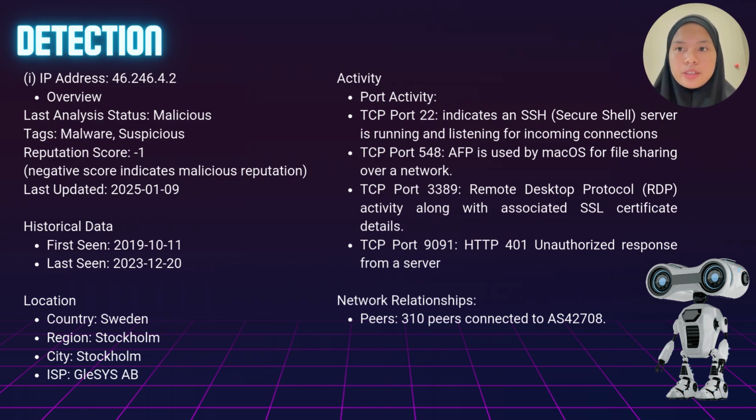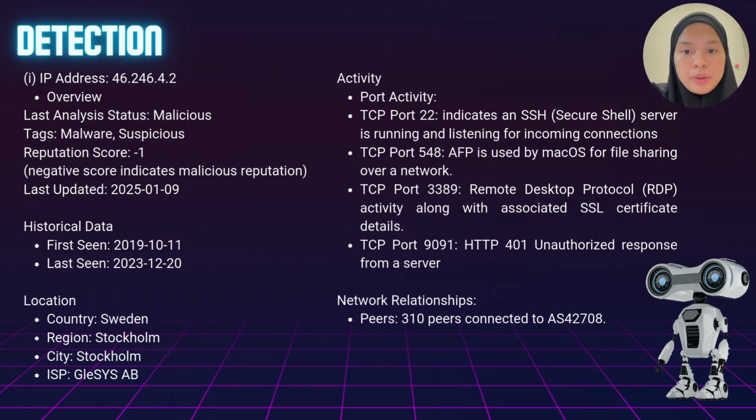Okay, so the first detection has the status malicious, and the IP address is 46.246.4.2, which has a reputation score of -1, indicating malicious reputation. In the historical data, the first seen is 11 October 2019, the last seen is 20 December 2023, and last updated is 9 January 2025.